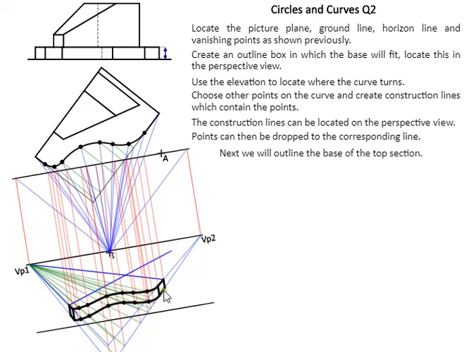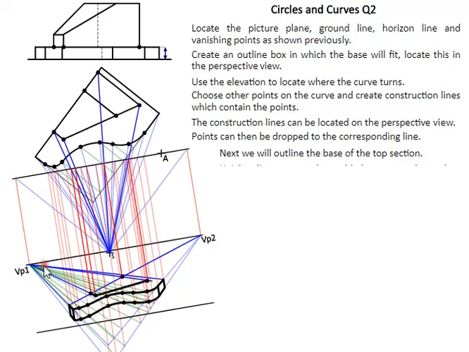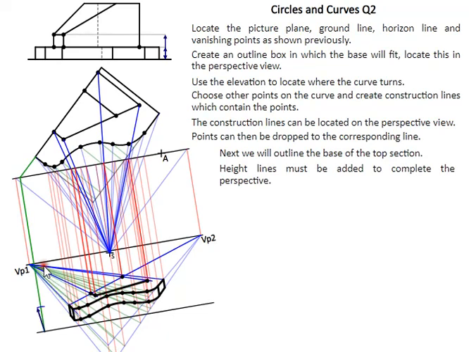That's how we get the front curve. Then the back 2 points, the back corner, is located by joining the external points back to the vanishing points. And then this intersection is fairly straightforward. Again, we have to use a height line in this case for the back sections.